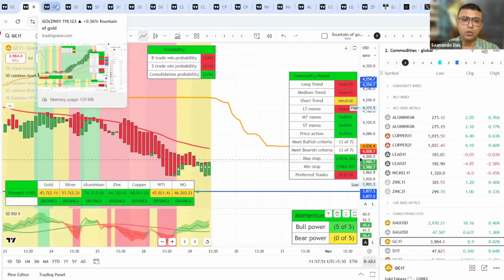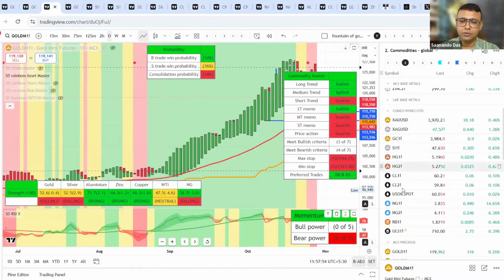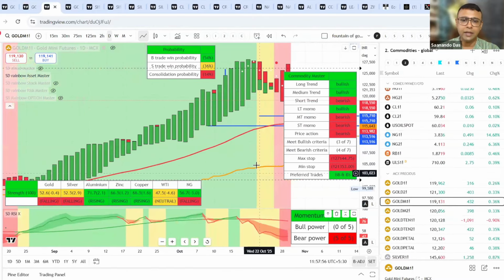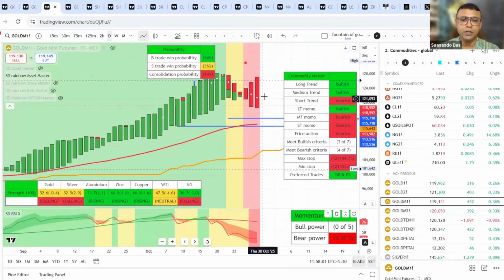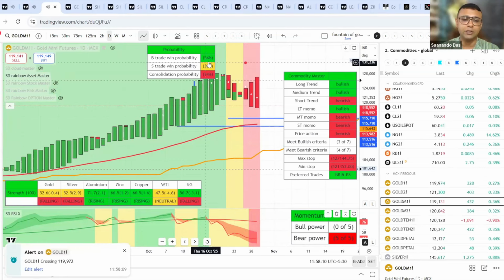Now we'll look at the gold mini chart, friends, to look at the India situation. In the gold mini chart, I can see it is bearish, a sell signal is there. But look at the sell trade, win probability is around 36% right now, whereas buyers are still showing 54%. So buyers are still somewhat strong, and it is possible the market may become more range-bound going ahead.